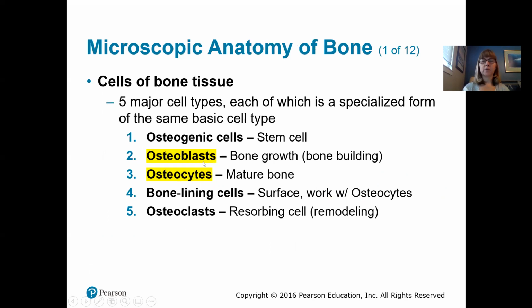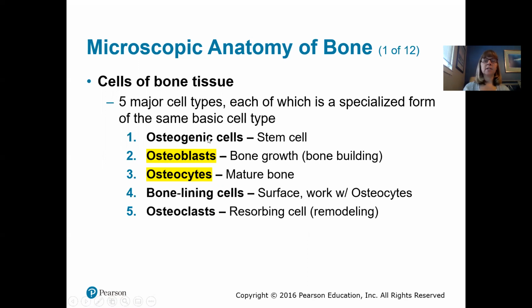Anything blast I think of as baby, so that's growth, things that are building or young. Cyte means cell, so those are mature. And then some other terms here, osteoclast. I always think of clast as clearing, building or remodeling. So those are the reabsorbing cells that are rebuilding.